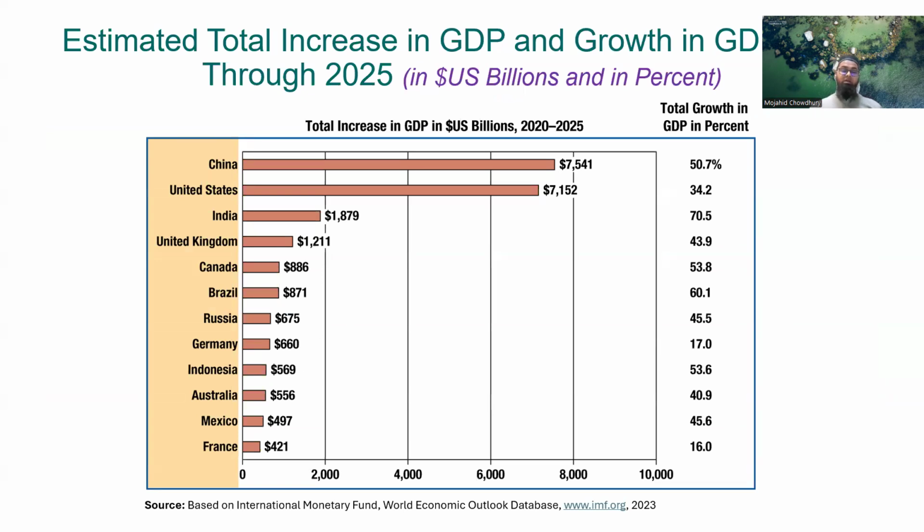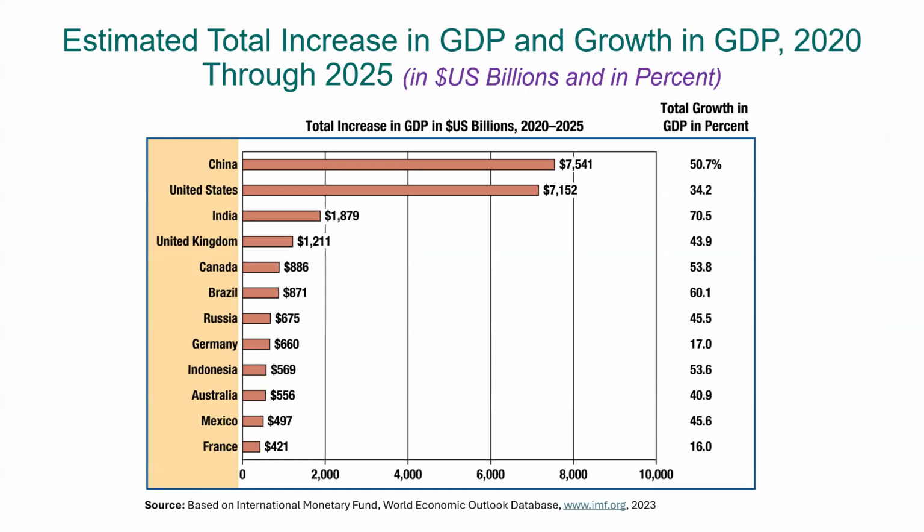how much over the time the countries have increased in terms of their GDP. So the estimated total increase in GDP and growth in GDP from 2020 to 2025. It has been seen over the last 5 years. So China, they have tremendously grown in their GDP, like 51% almost, followed by USA.